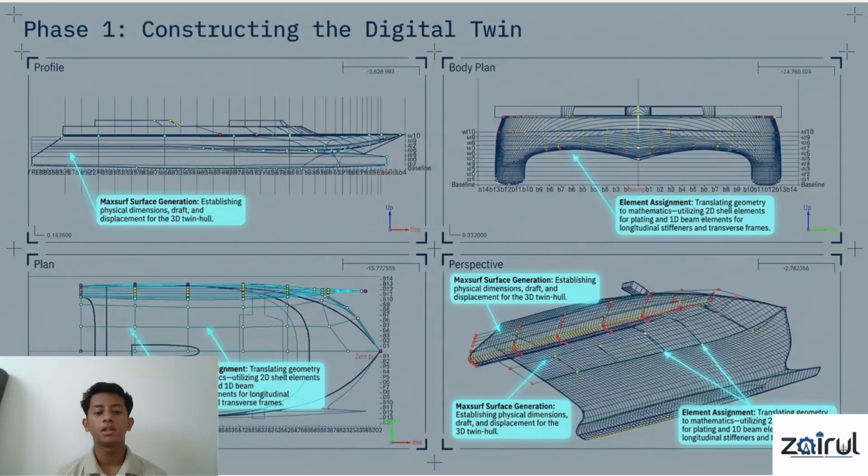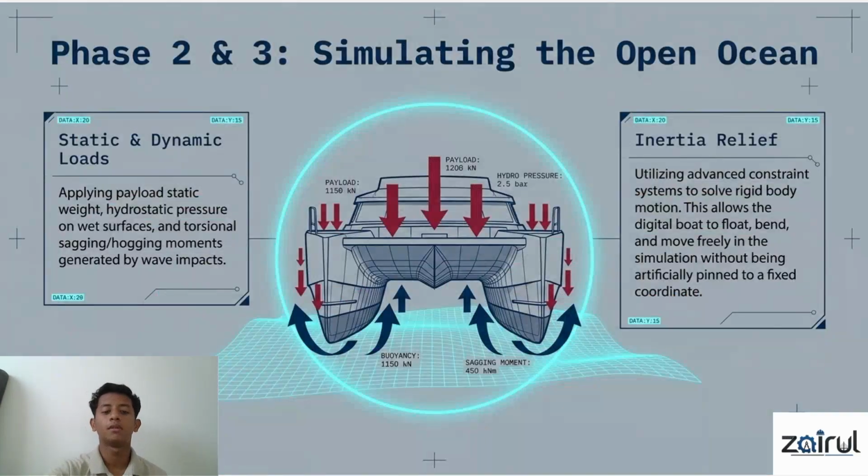So the model is then prepared for meshing and simulation to ensure accurate numerical analysis, which we call finite element analysis. So we're going to phase 2 and phase 3. Phase 1 is already finished. Now we add phase 2 and phase 3.